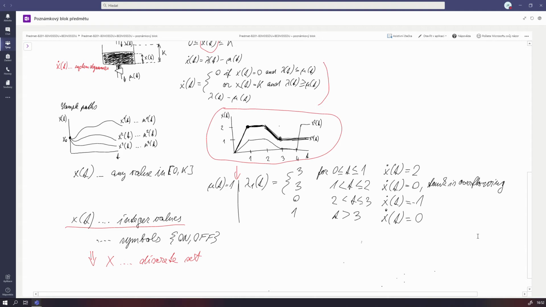So this represents a discrete state space, and this represents continuous state space. In this case, the state is a subset of R. In the second case, in the discrete state space, it is represented as a discrete set.